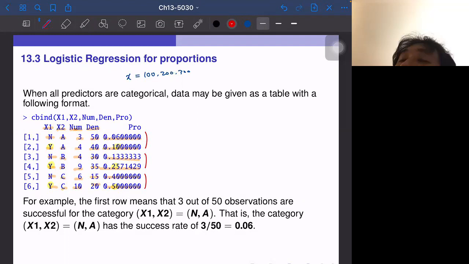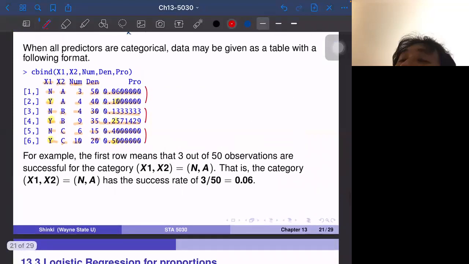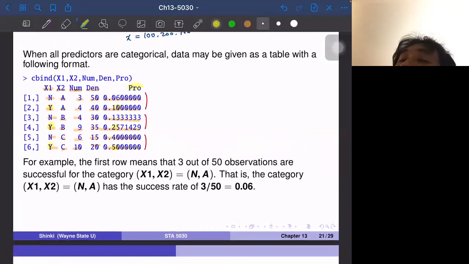And x2 equal to b is in the middle. And the difference is probably larger than the difference in proportion by x1 value. So basically, we want to fit the proportion or number of successes on x1 and x2.